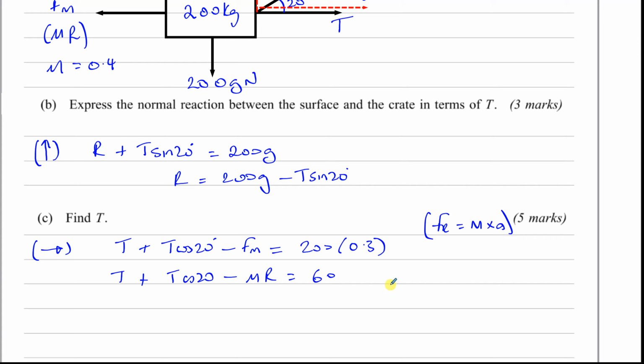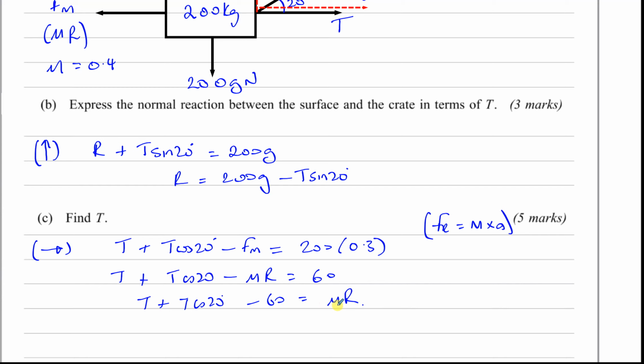Now, what one of the students did was for their answer to part B, they used this equation. They rearranged this equation and made R the subject. So what they did, and I'm going to do this here just to illustrate, is they said that T plus T cosine 20 minus 60 equals mu R, and then they divided by mu.